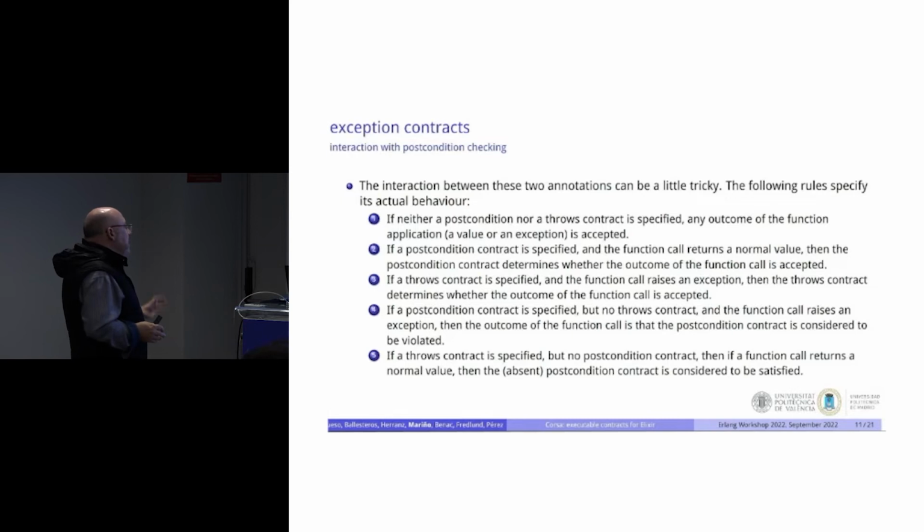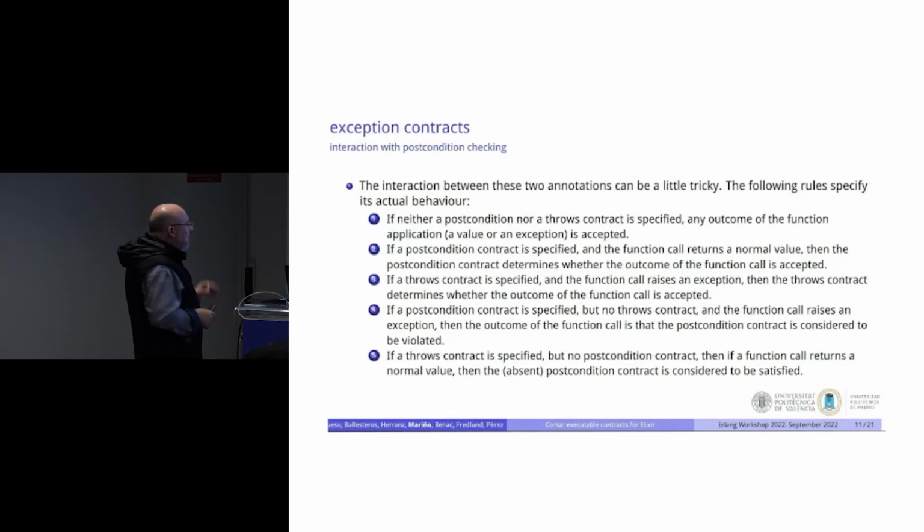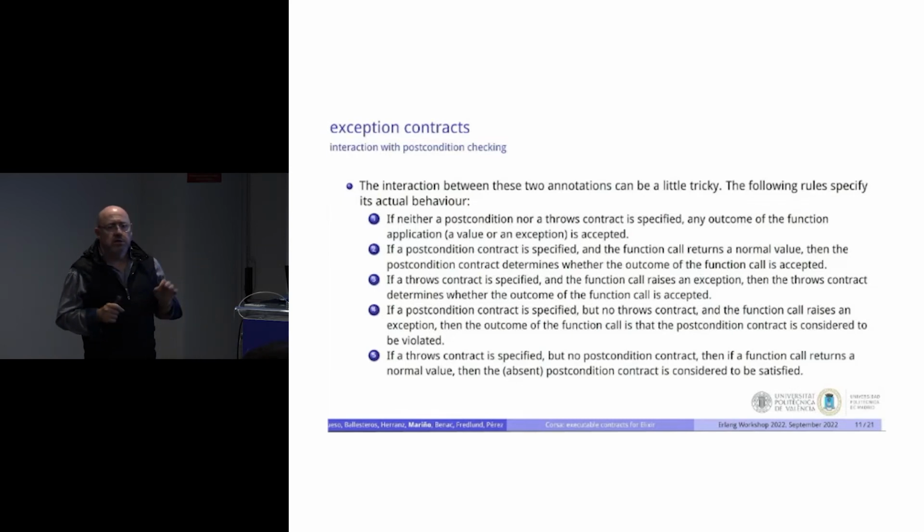So we are trying to be quite scrupulous in documenting the interaction between the different annotations. That is the idea. Better keep it simple, better small and understandable than large and completely out of control.